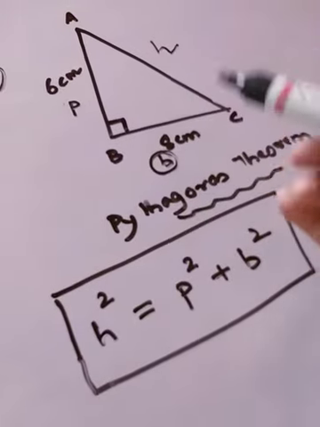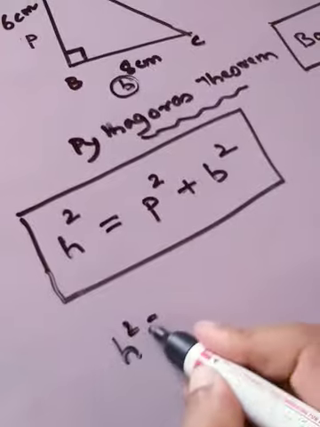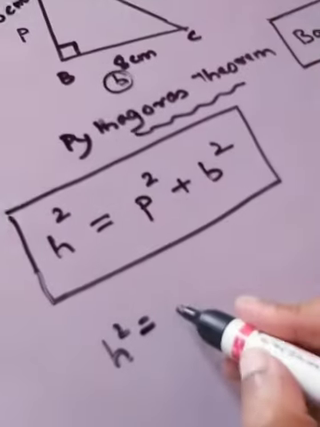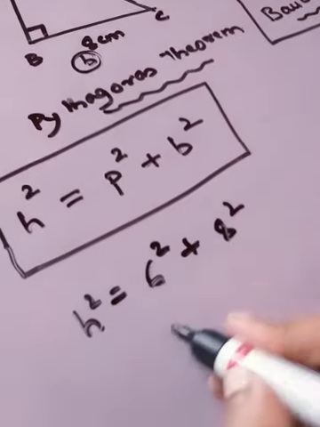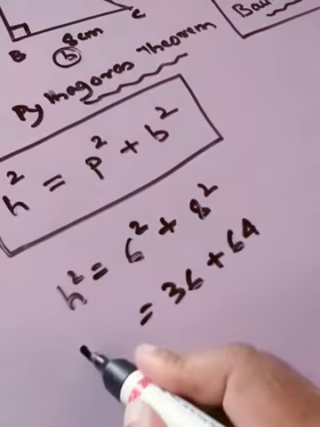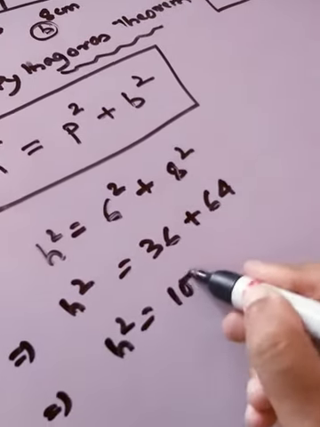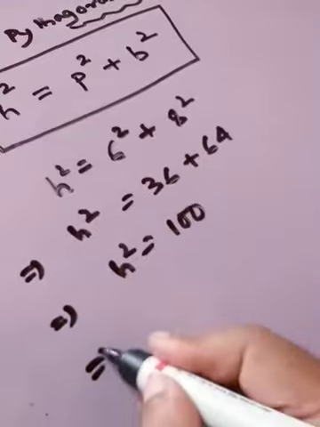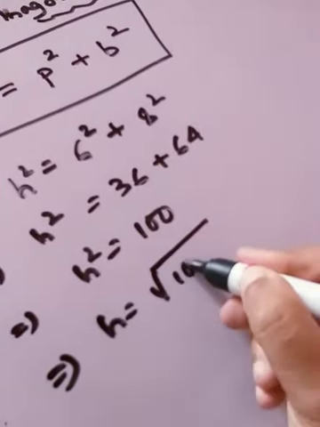Now what we have to find out? The hypotenuse, isn't it? Now what is given? Base is given and P is given, so we'll use it. So H square equals, we'll put P, what is the value of P? 6, that means 6 square, and what is the value of B? 8 square. So we'll do 36 plus 64, isn't it? Now H square equals 100. Now because we have to get the value of H, we have to remove this square. For this, 100 will carry a square root over it.